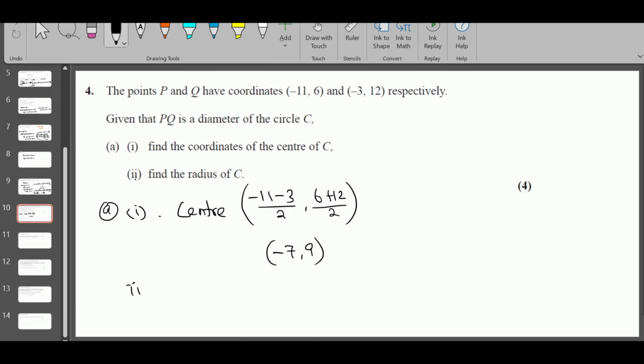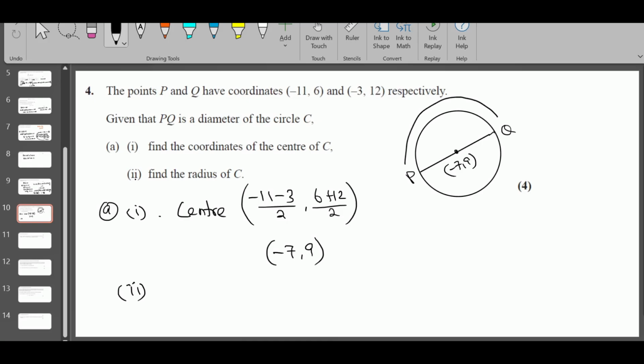And then find the radius. Okay, let's say you have a circle, and the diameter is PQ. We got the center now, minus 7, 9, right? The radius is either the distance between PQ divided by 2, or the distance between center to Q or center to P. You will get the same answer. So I'm going to find the distance between P and the center.